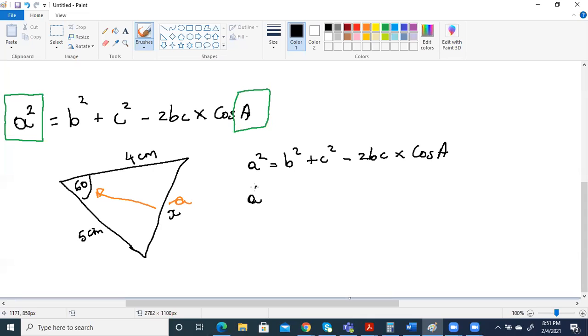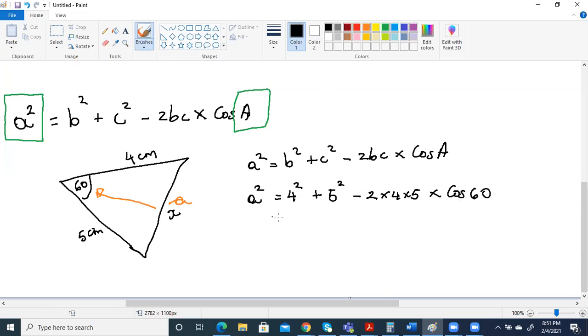So that's my a squared, b squared, 4 squared, that's that side over here, plus 5 squared, that's the next side, minus 2 times b, which was 4, times c, which is 5, times cosine of A. I have A, so let me put in cosine 60.